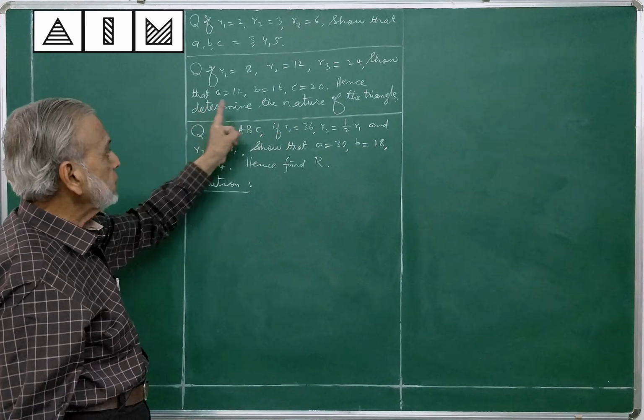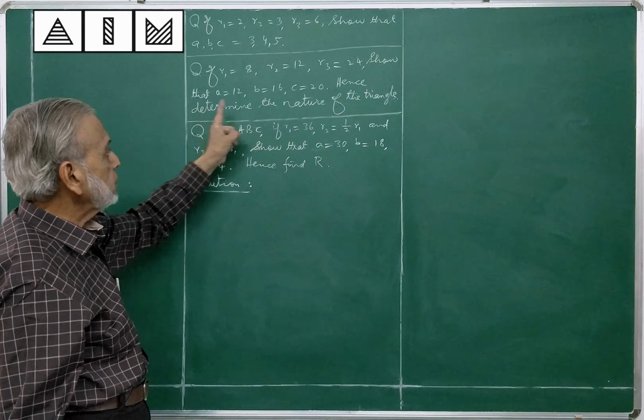Six as it is, 36 is written as 6 into 6, 18, 6 into 3, 12, 2 into 2 into 3 is equal to delta square. Therefore, delta is equal to square root of this. 6 occurs 4 times, so I have taken 2 times. 3 occurs 2 times, I have taken once. 2 occurs 2 times, I have taken 1. This is how we have taken square root.